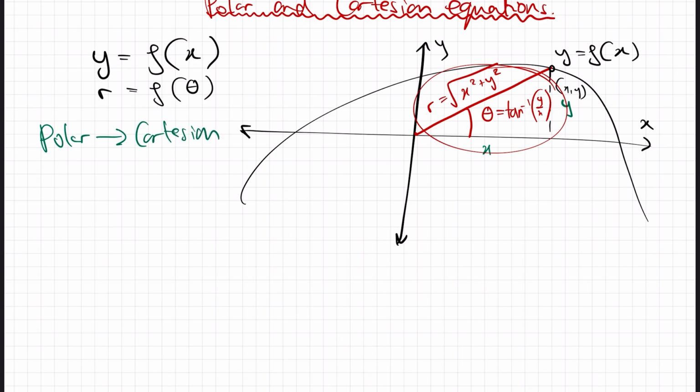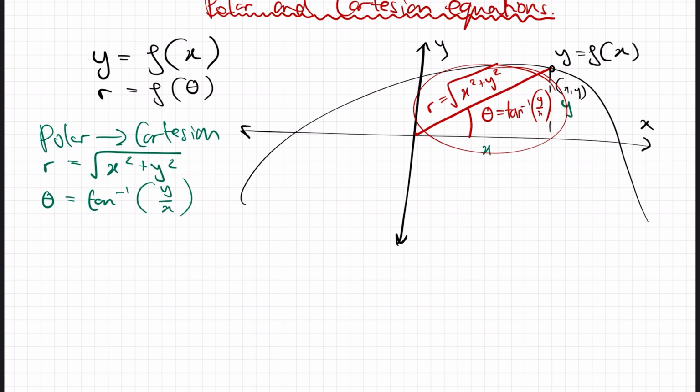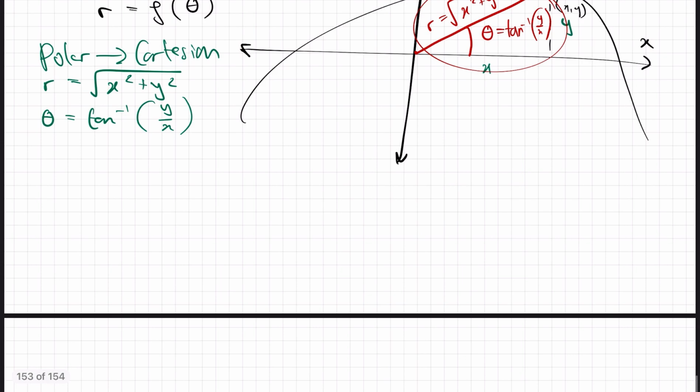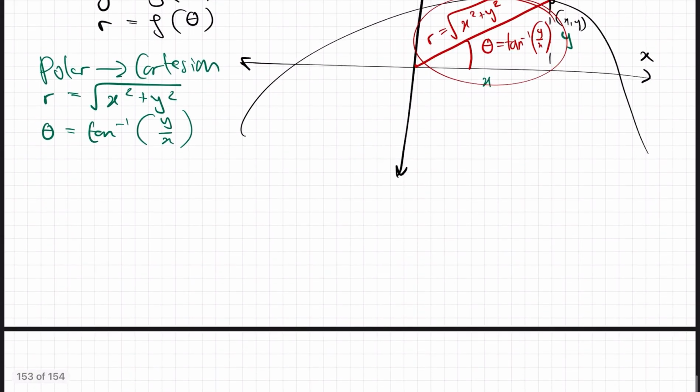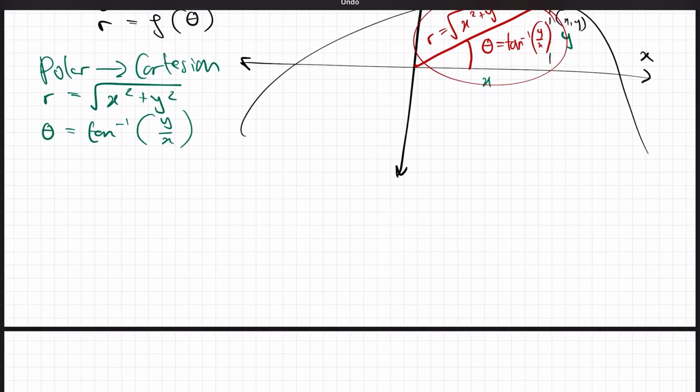Let's write these down. r is going to be replaced by the square root of x squared plus y squared, and theta is going to be replaced by arctan of y over x. That's what we use if we want to convert polar to Cartesian: we replace all the r's and thetas with this stuff.